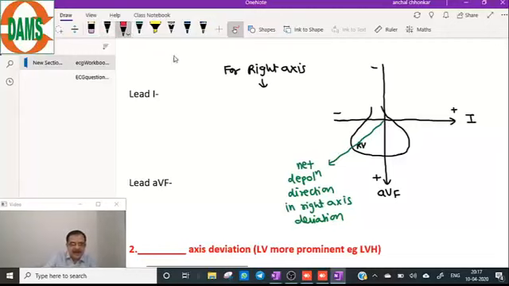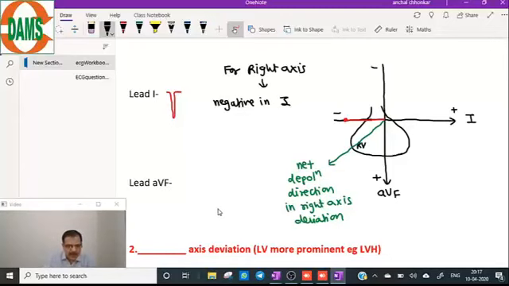The lead 1 QRS should be towards the negative side. So it will be negative in lead 1.